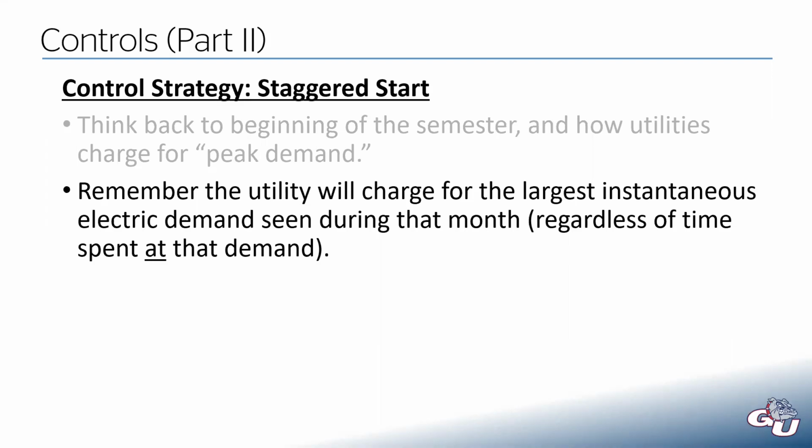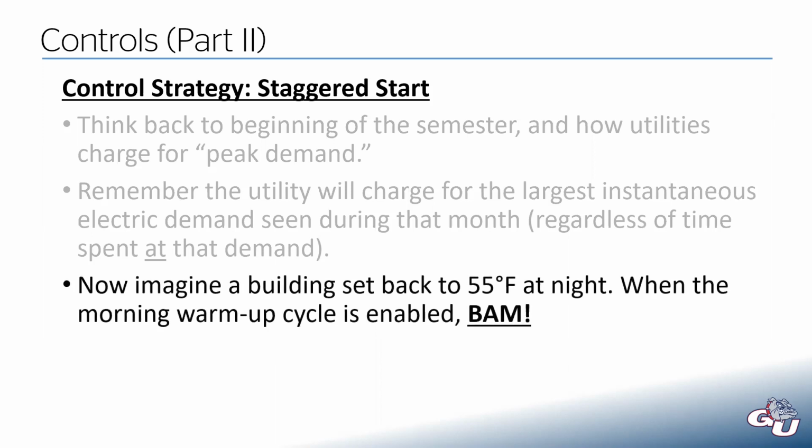It doesn't matter how long of a period that demand was seen. If the utility looks at your building and sees that on this day and at this time you pulled 300 kilowatts from the grid, they're going to charge you for that peak demand, even if it was just for a 15-minute period.